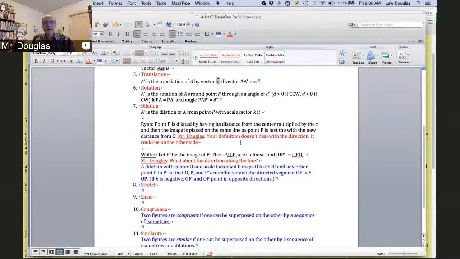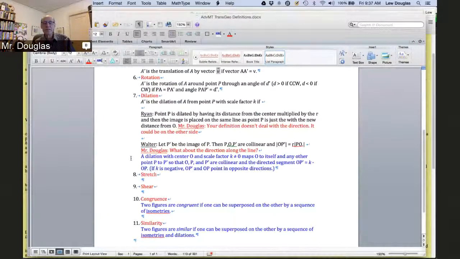And the key thing is direction, and that came up with both you guys in a way. We want our definition to work with a negative scale factor also. This is Henry's here. Which is long.